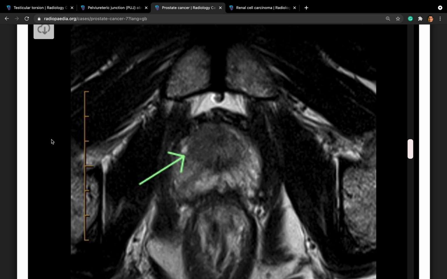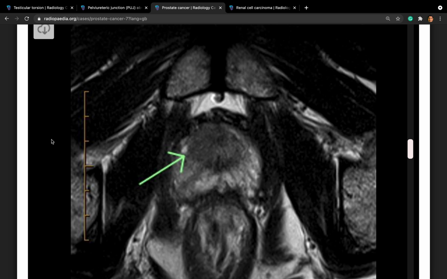Water is dark. And T2 is the decay phase. If there is abnormality in the peripheral area in terms of prostate cancer, that appears of low signal intensity compared to the other peripheral area. Then after that there is the diffusion weighted imaging sequence.